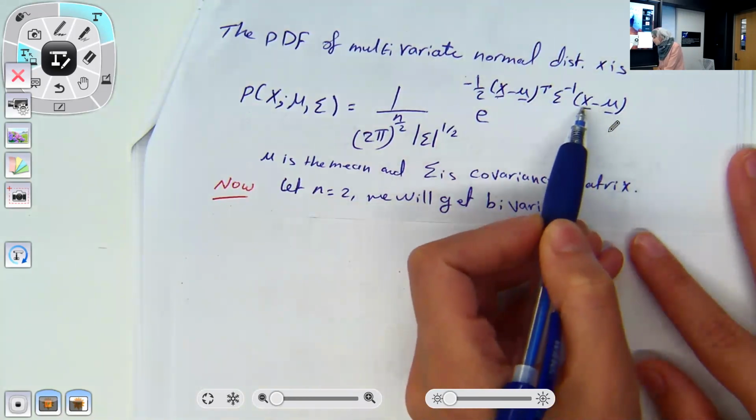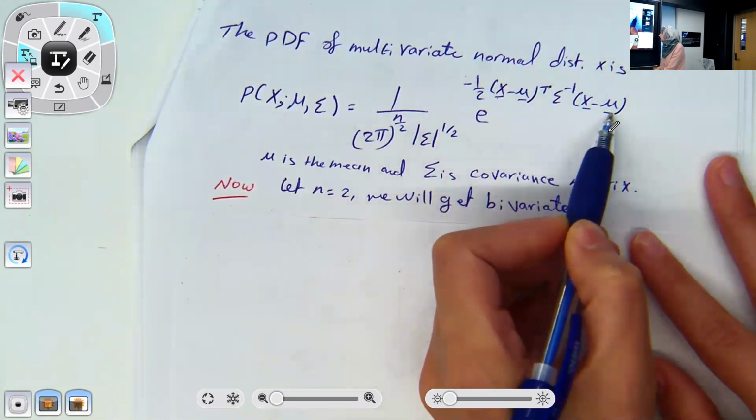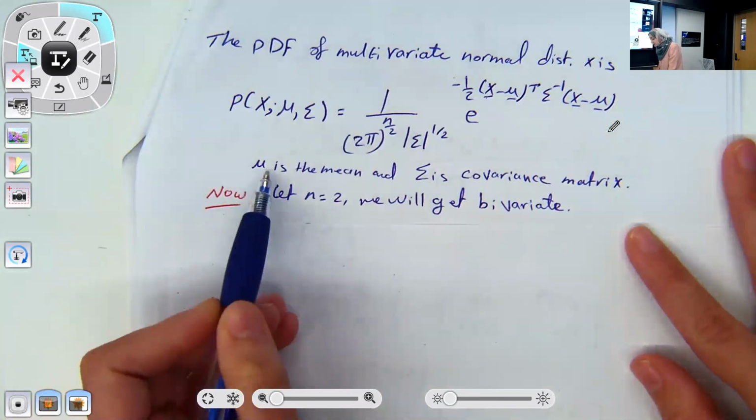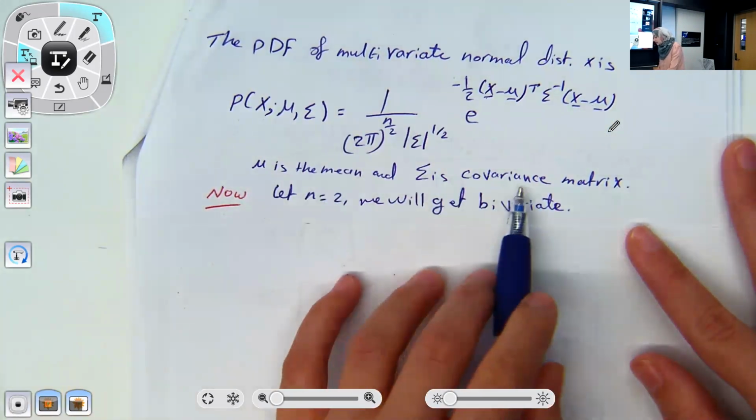These are vectors, because x is a vector and mu is also a vector, where mu is the mean and sigma is the covariance.